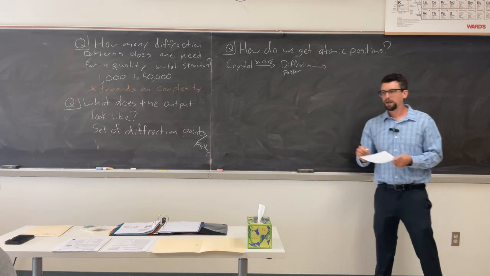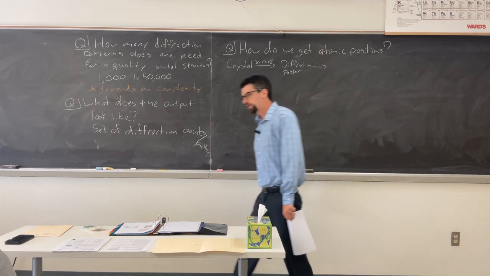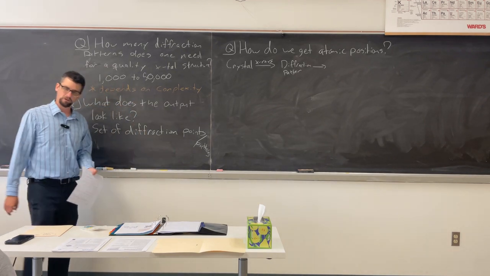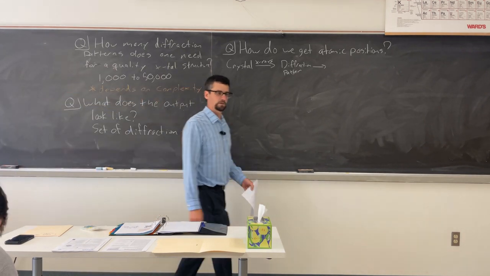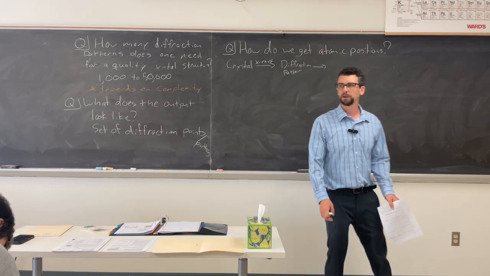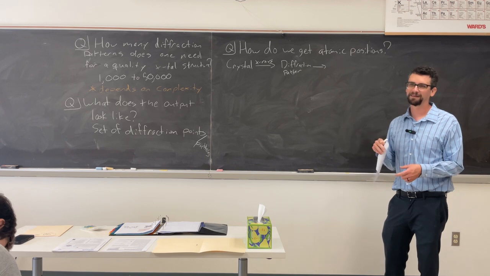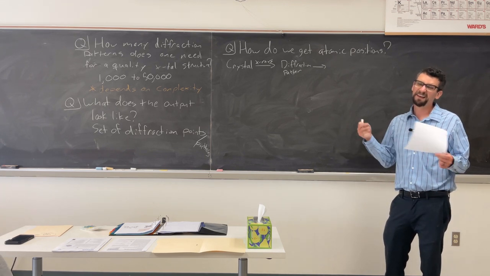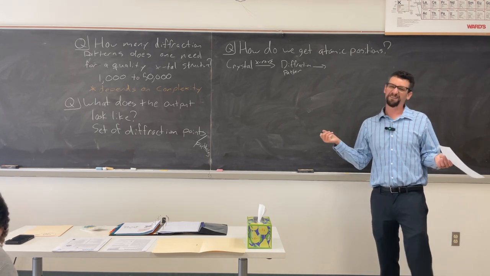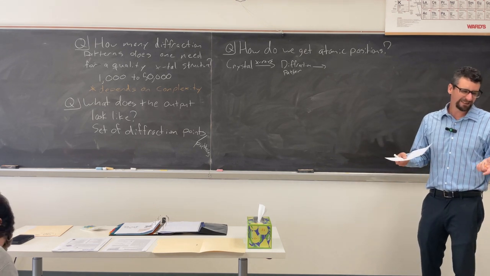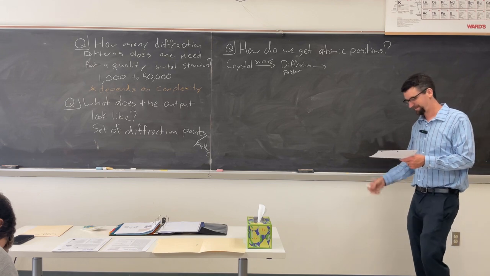Does that diffraction pattern look any sort of remotely like a chemical or atomistic interpretation at all? I don't think that's what it is. It's just kind of what it looks like. Yeah, there's dots. That's cool.